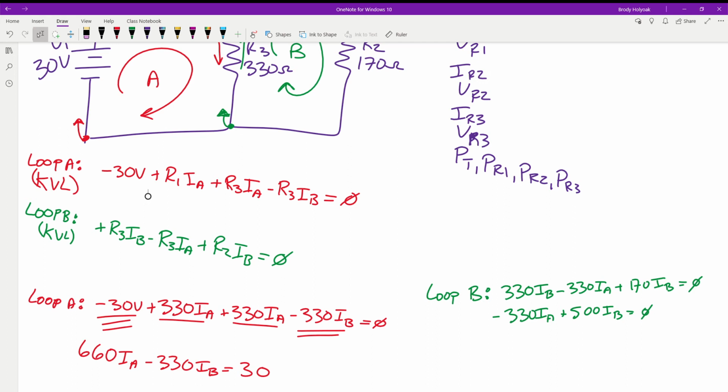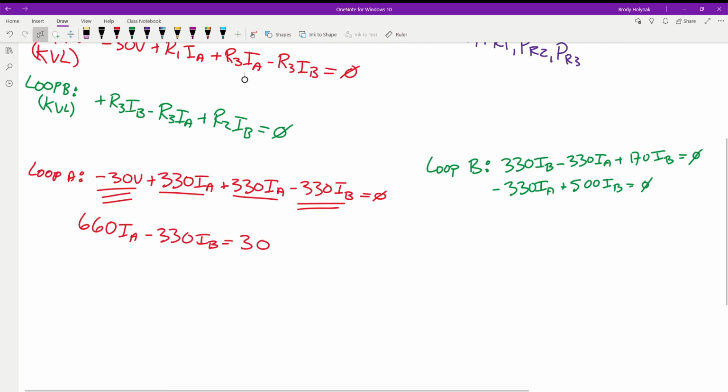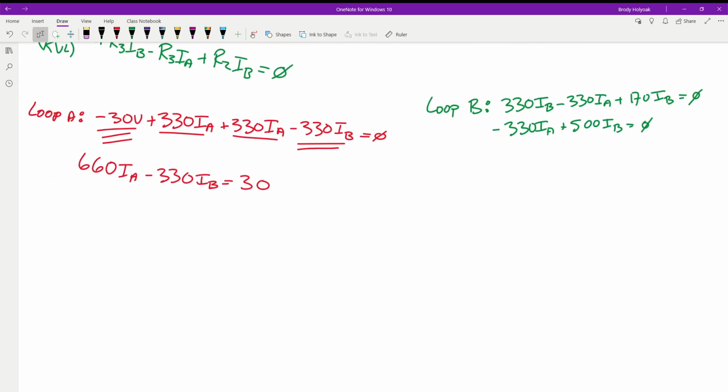This is all the electronics that we have to start with, these two equations. Now it's just algebra. So now we take it, plug in the values that we know, combine everything together, and get two final equations where we have the variables equal to some value. And on the second equation, it's equal to 0.